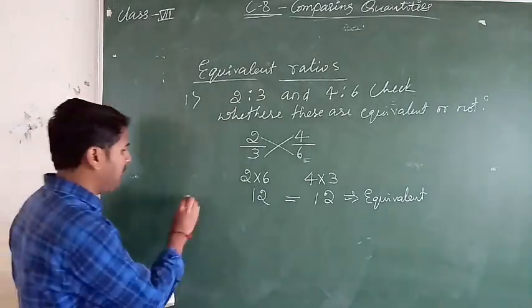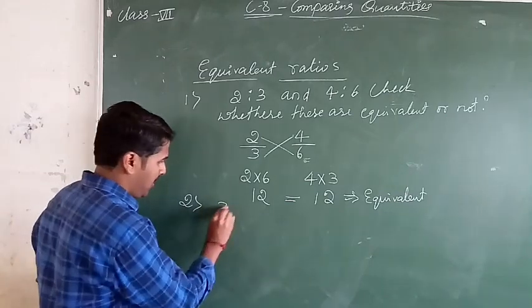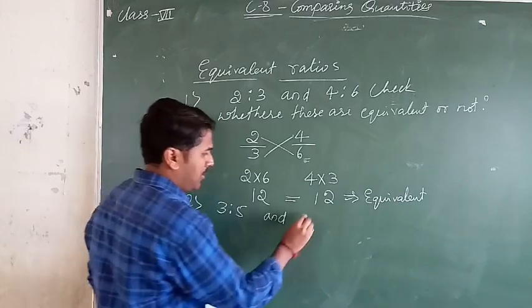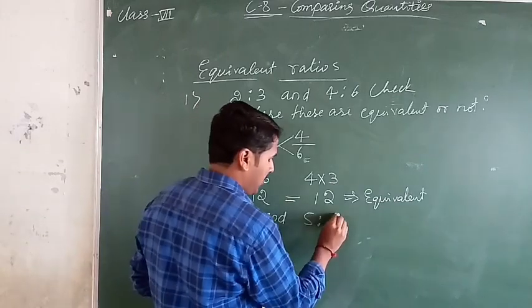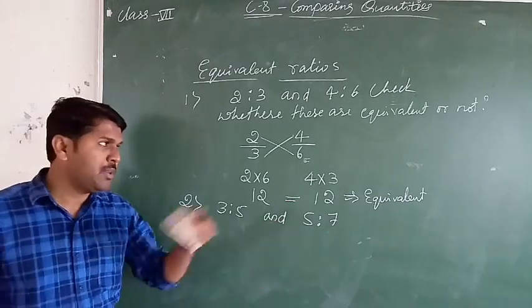Check the second one: 3:5 and 5:7. Write this as 3/5 and 5/7.